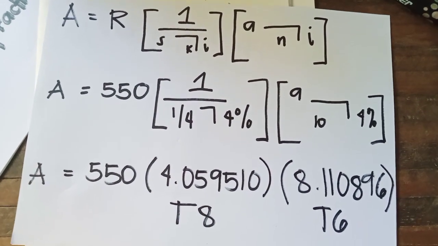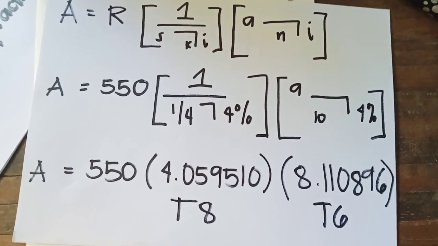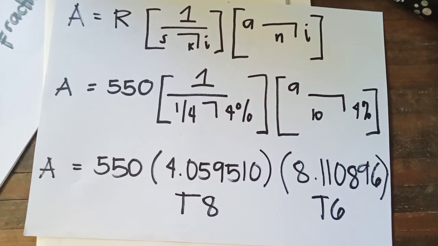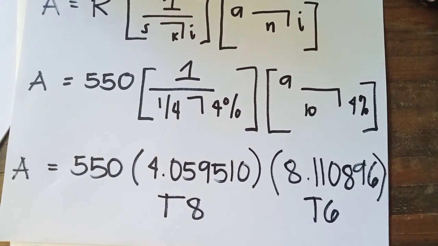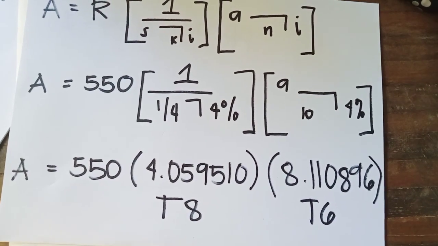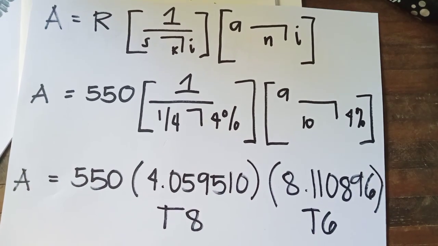The inside is 1 over 1/4 angle 4%. And the second is A. The N is 10 angle 4%.